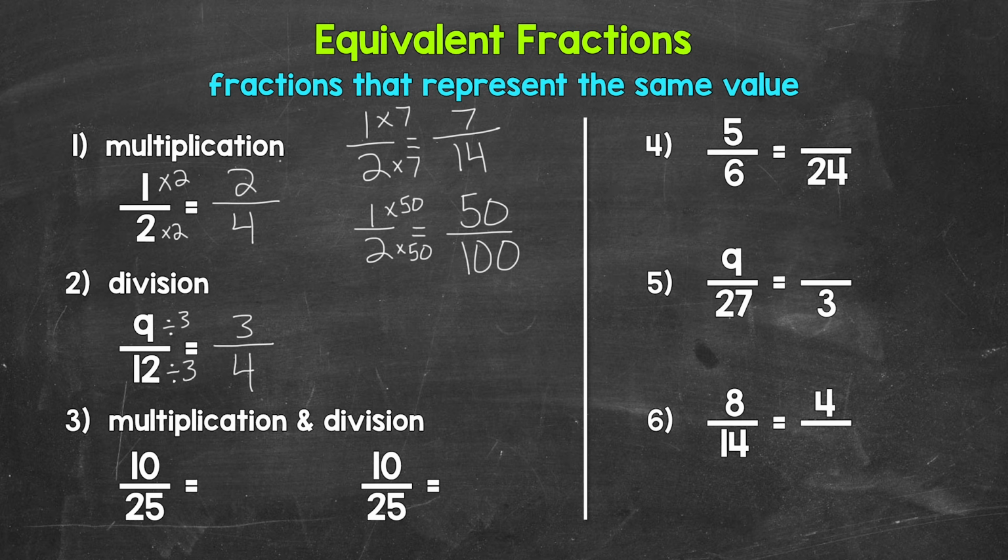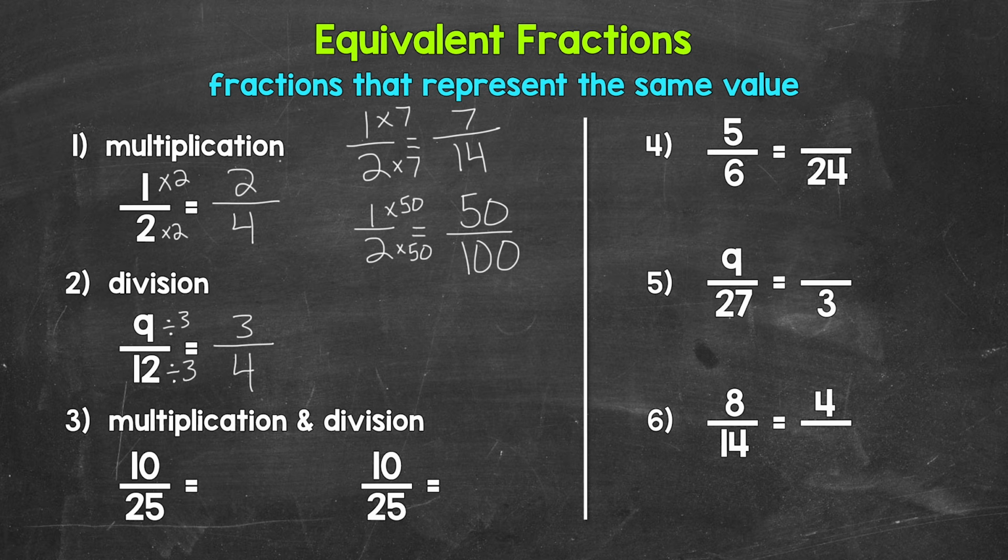The only common factor, the only number we can divide by for both 3 and 4 is 1. And think about it. If we divide both 3 and 4 by 1, we just get 3/4 again. So when we can't divide by anything other than 1, the only common factor is 1. This is what we call a fraction in simplest form.